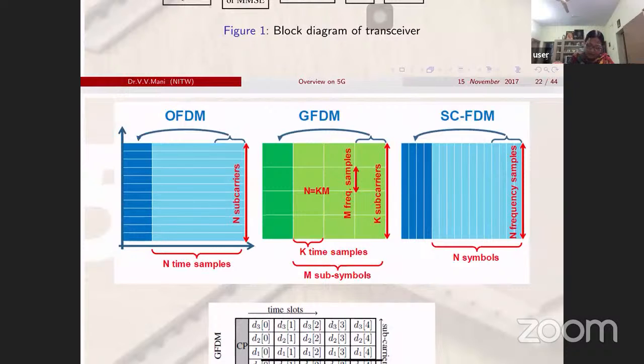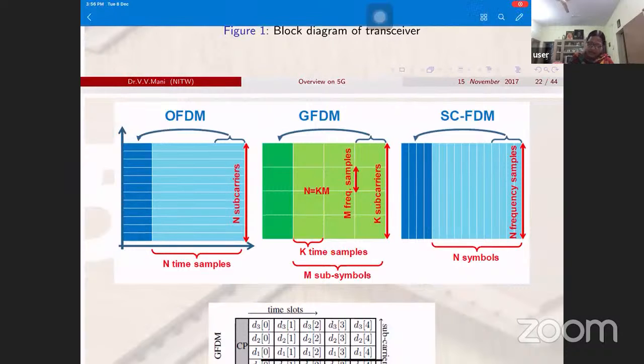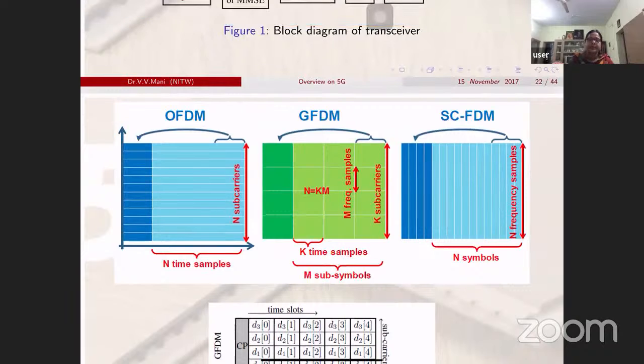So in GFDM, there are K number of subcarriers along the vertical axis. The green color is N, equal to your time samples. These time samples are divided into K and capital M. That means K number of subcarriers, M number of subsymbols.